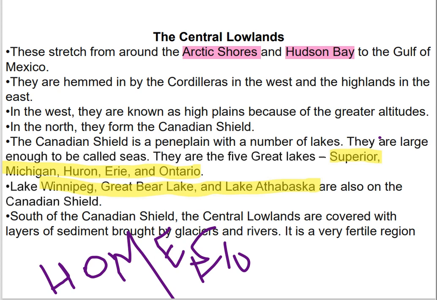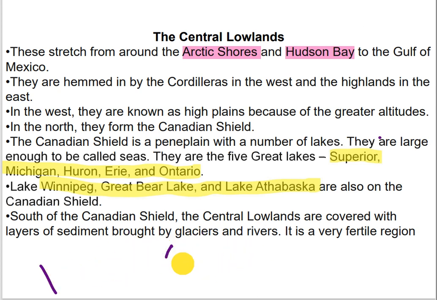So here are the five Great Lakes, and they are big enough to be called seas. Winnipeg, Great Bear Lake, and others are Canadian lakes too: Superior, Michigan, Huron, Erie, and Ontario. These are known as the Great Lakes.